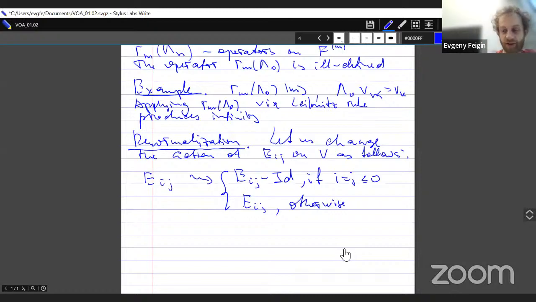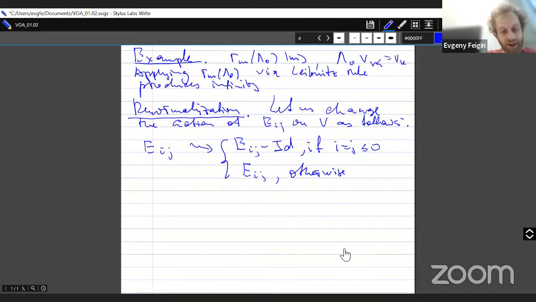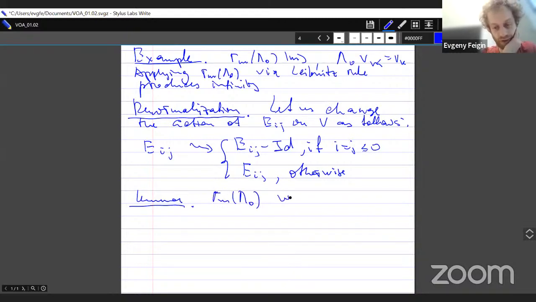So the claim is then, let me put it as a lemma: R_m of lambda_0 with the renormalization as above is well defined.